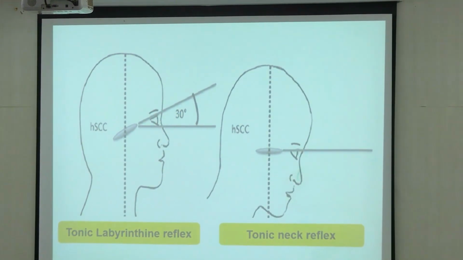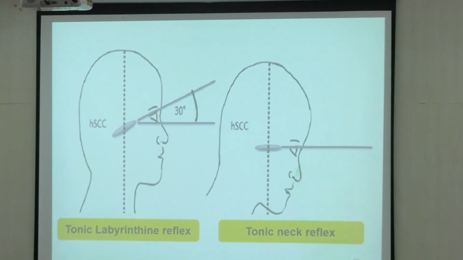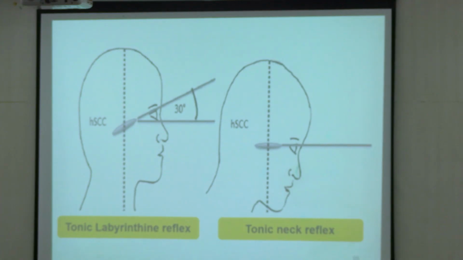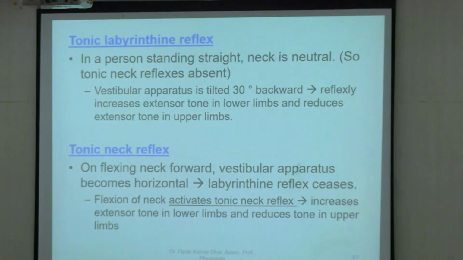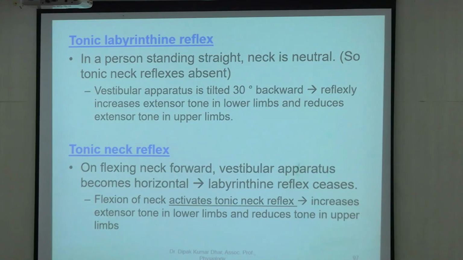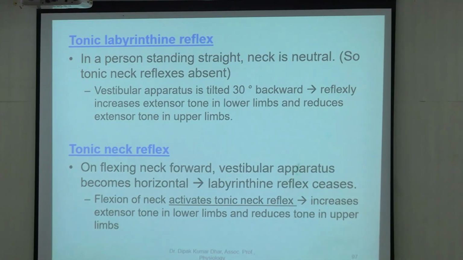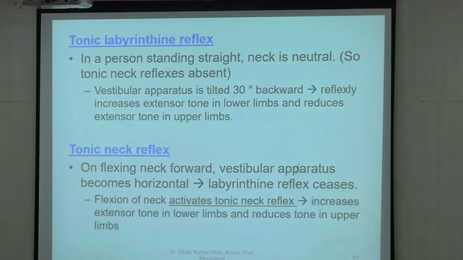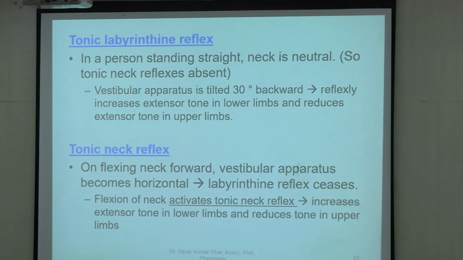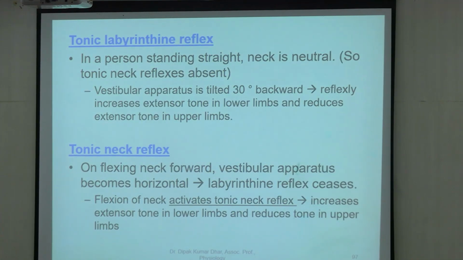When you are standing straight, the horizontal semicircular canal is at an angle of 30 degrees from the horizontal. So tonic labyrinthine reflexes are activated, and because of this, extensor tone in the lower limbs is increased, and in the upper limbs the extensor tone is reduced. This is the tonic labyrinthine reflex.